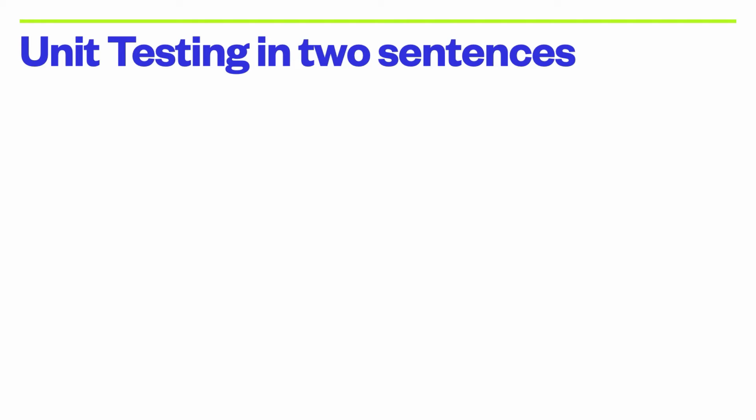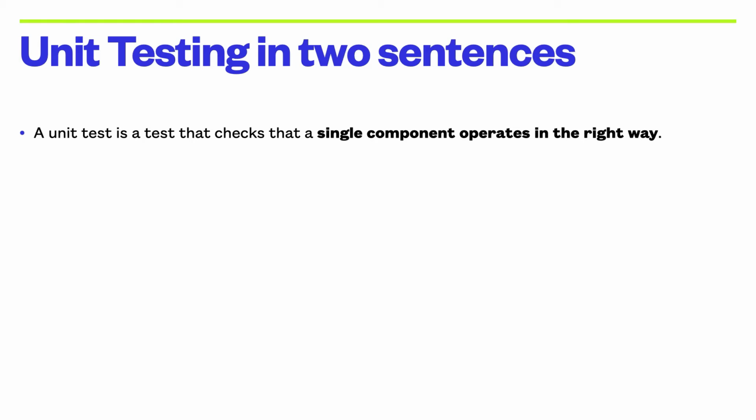So, introduction to unit testing. Unit testing in two sentences. A unit test is a test that checks that a single component operates in the right way. That's it. So, you're testing a single unit. There are other kinds of testing like integration testing and user acceptance testing. So these are all different kinds of testing.